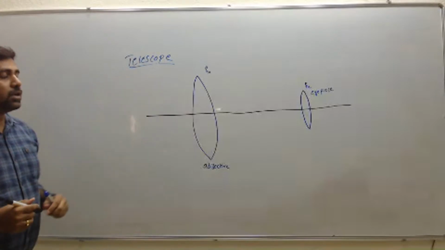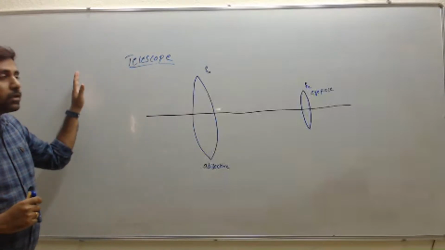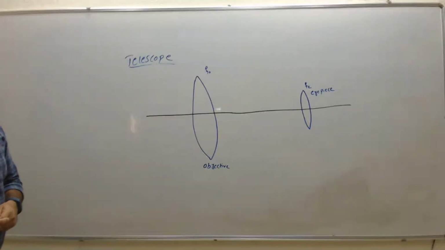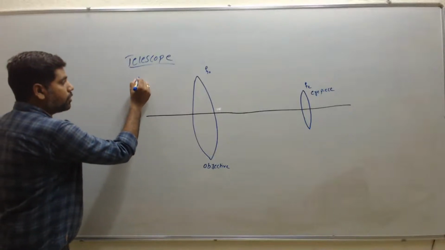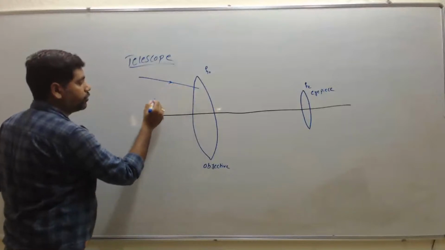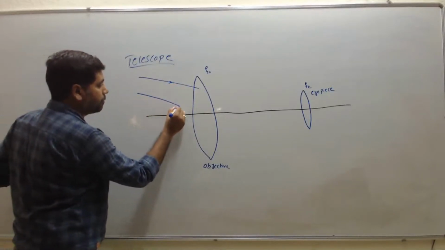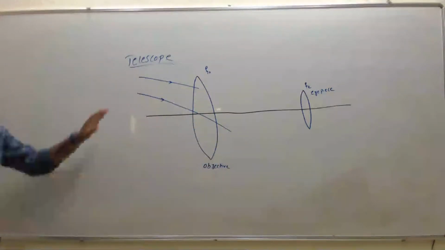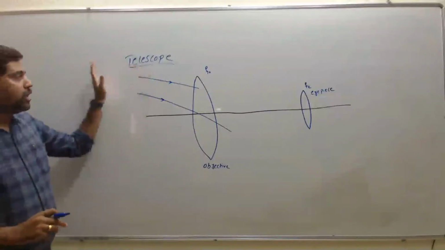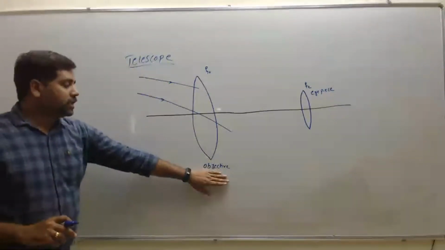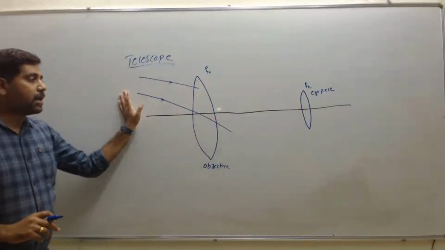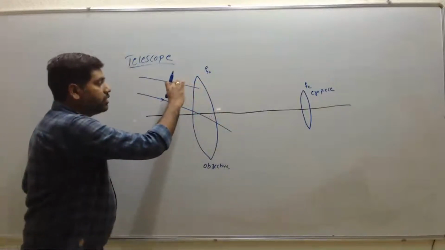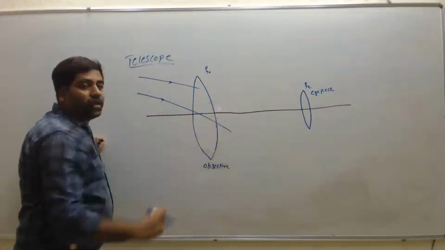The light rays which are coming from the distant object are parallel to the objective. In a lens, if the light rays are parallel, then after refracting, the incident rays meet at the focus.